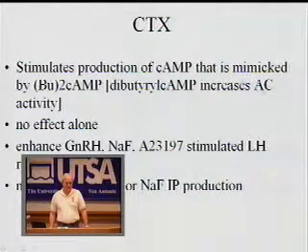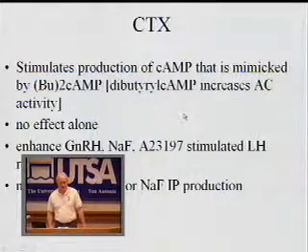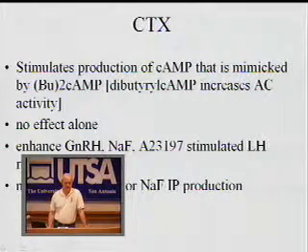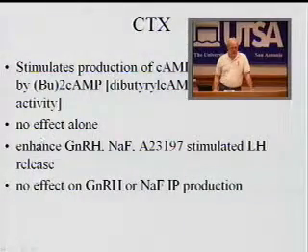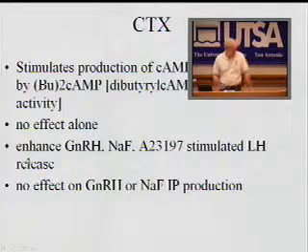Corrected here that it actually acts on the adenylate cyclase and can increase its activity. The cholera toxin might have no effect alone, but it did enhance the GnRH, or this sodium fluoride and this calcium ionophore, stimulated LH release.